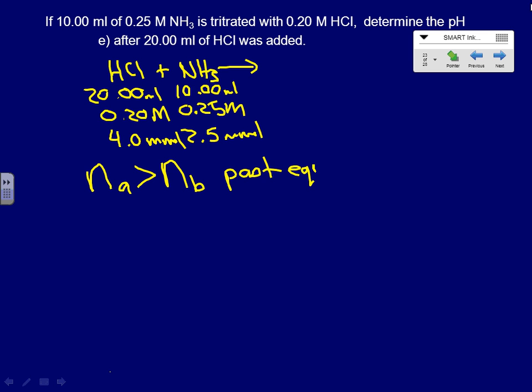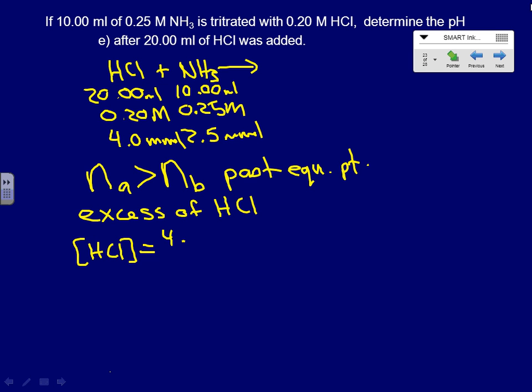Past equivalence point. Okay? That means all the weak base is consumed. We have an excess of HCl. And this will determine the pH of the solution. So the concentration of our HCl at this point.